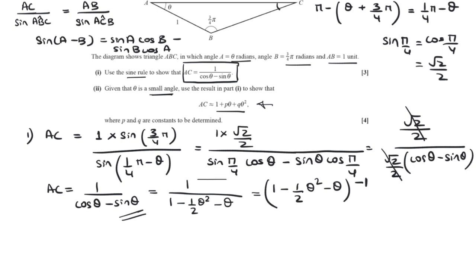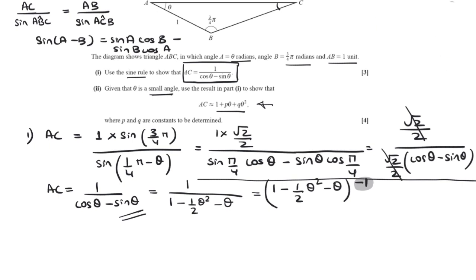With something inside the bracket and a minus 1, how can we further simplify this? Well, we have to use binomial expansion from year 2 or year 13.